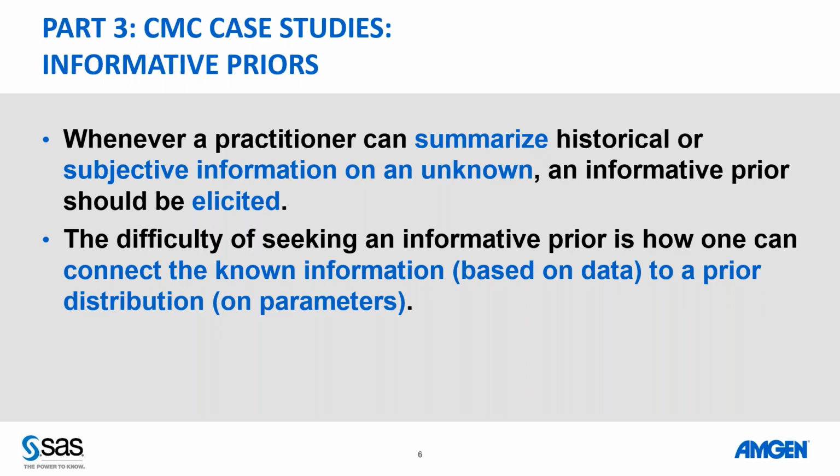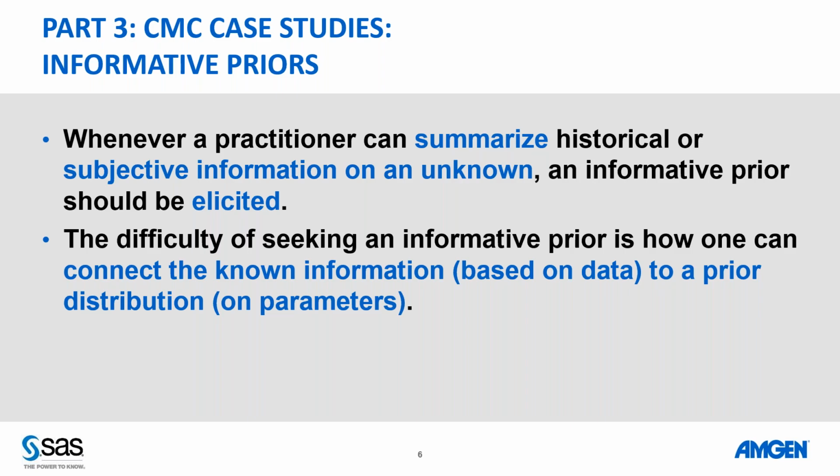But the key here is how we can connect that information, which in CMC, as I mentioned, is based on data, to parameters. In most cases, a practitioner knows what the data look like, but doesn't know what the parameter distributions look like.